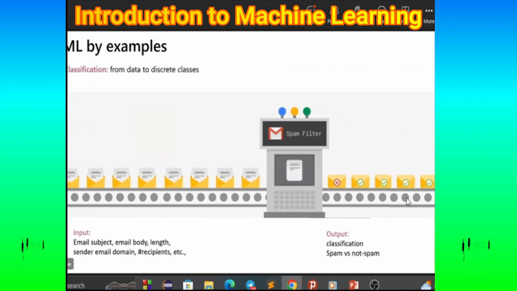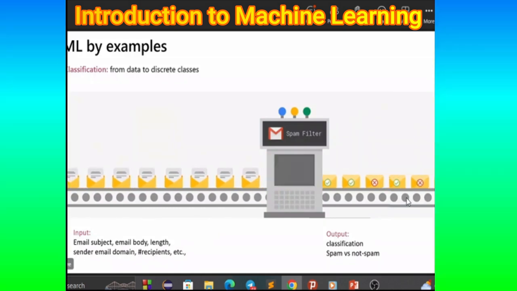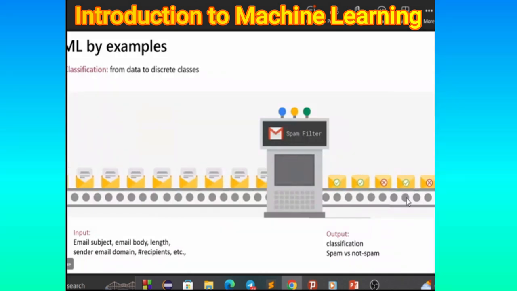And in those spam filters, nobody is sitting there checking whether an email that's sent to you is either a legitimate email or a spam email. So the computer gets trained on historical data on such inputs as email subject, email body, the length of the message, the sender email domain, and the number of recipients.